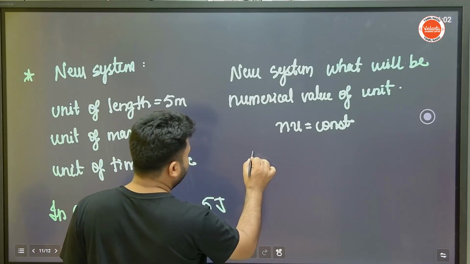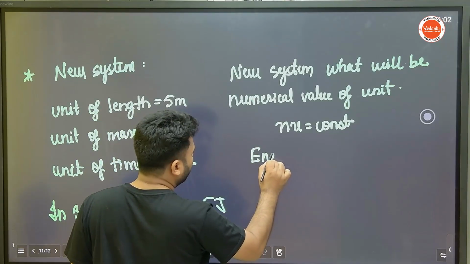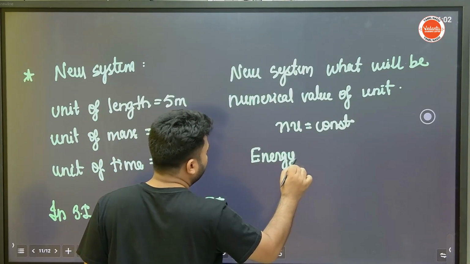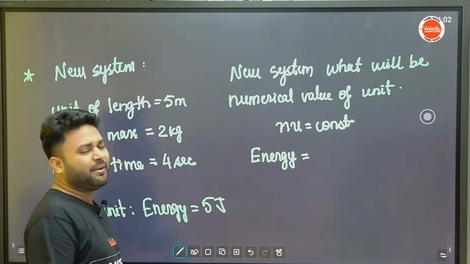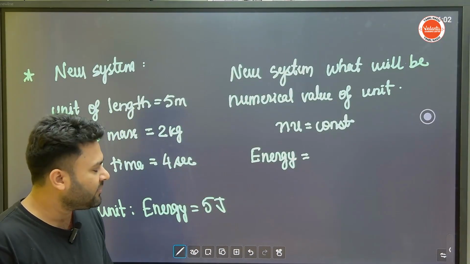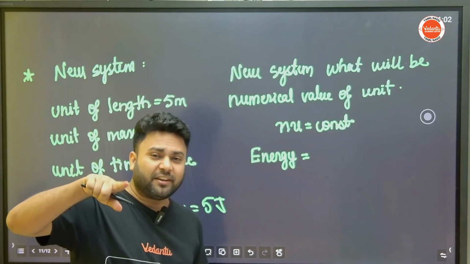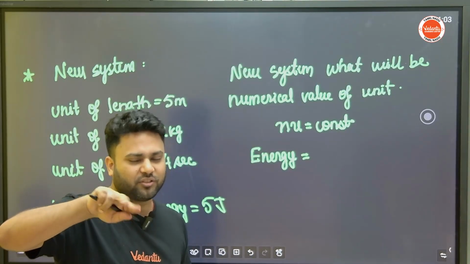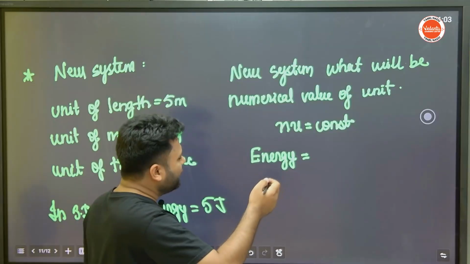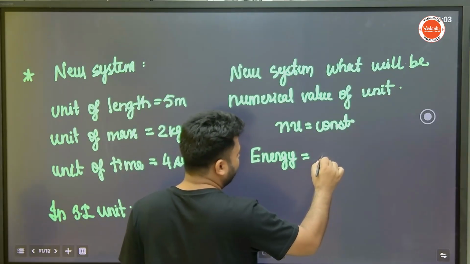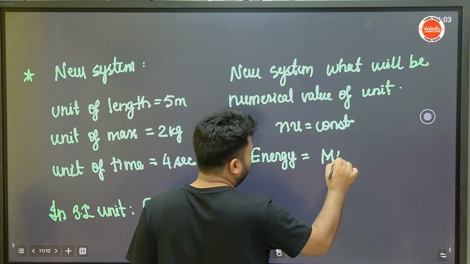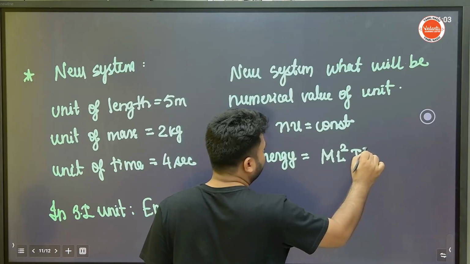Now, energy, what is the dimension of energy? The dimension of energy is same as the dimension of work, because same unit. So dimension of energy, we can write M L square T minus 2.